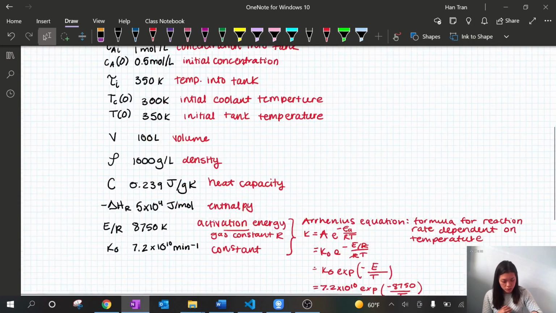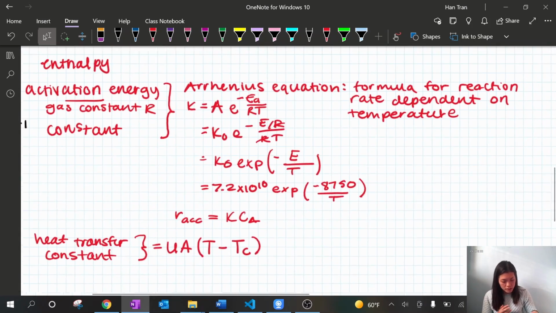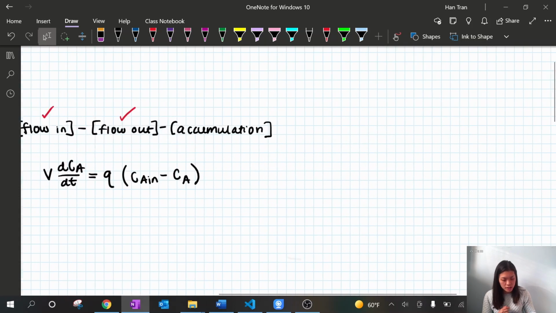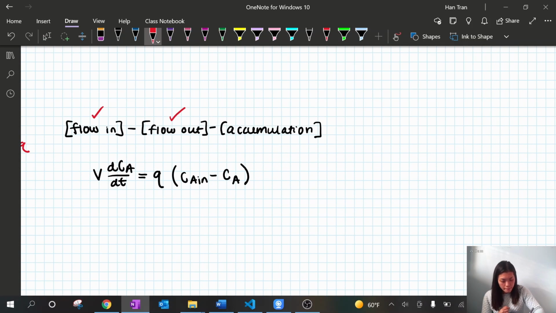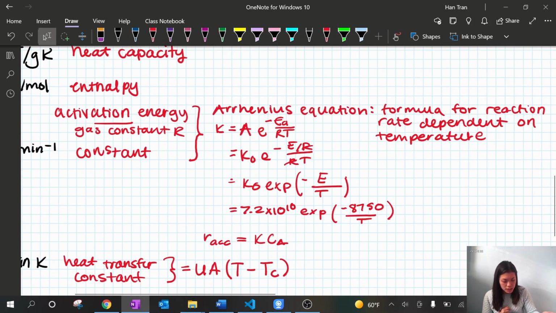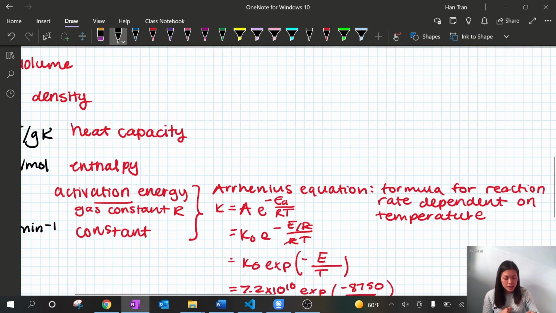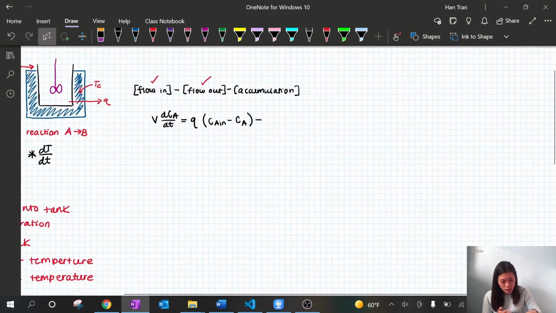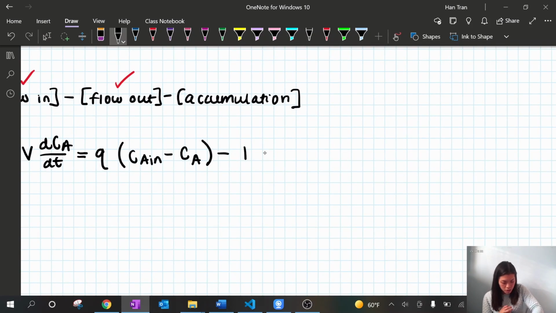And so that has our flow in checked, flow out checked, and now we have our accumulation. Well, if we go down here, when we were talking about our Arrhenius equation, we developed the rate of accumulation, so we have minus, and so we have the rate of accumulation based on this Arrhenius equation is this parameter K, which is the reaction rate, multiplied by the concentration of A. And so we will copy that up here.